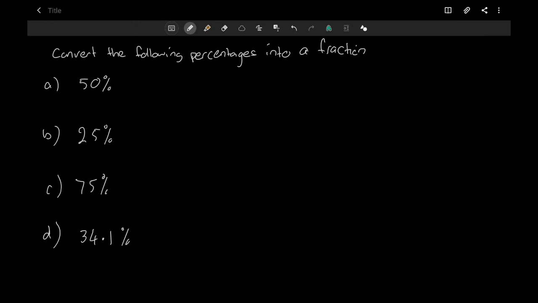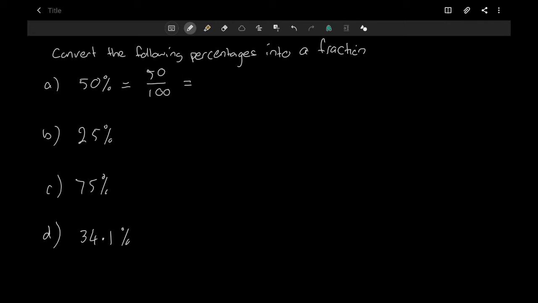So now let's take a look at how we convert percentages into a fraction. In the first example, we have 50%, and we're asked to convert that into a fraction. The rule is that when you convert percentages into a fraction, you divide by 100. That is, we put the percentage number over 100. So 50% as a fraction would look like 50 over 100.